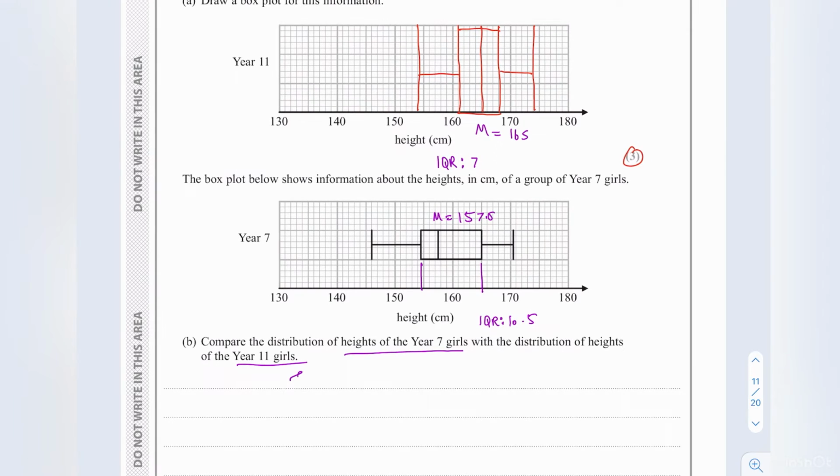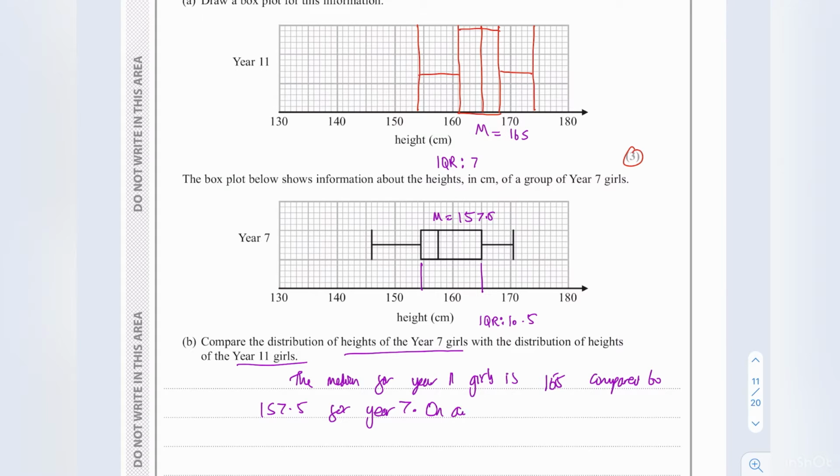So now we've got our figures, we can compare our box plots. So the median for Year 11 girls is 165 compared to 157.5 for Year 7.